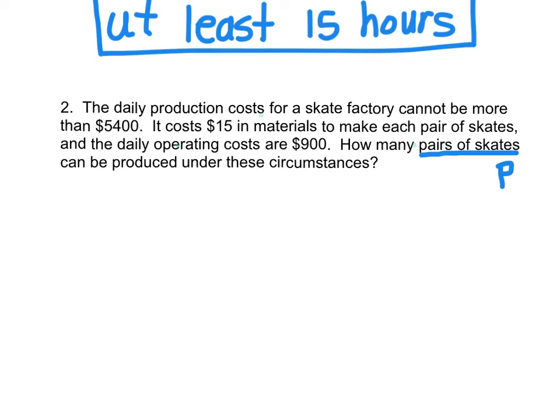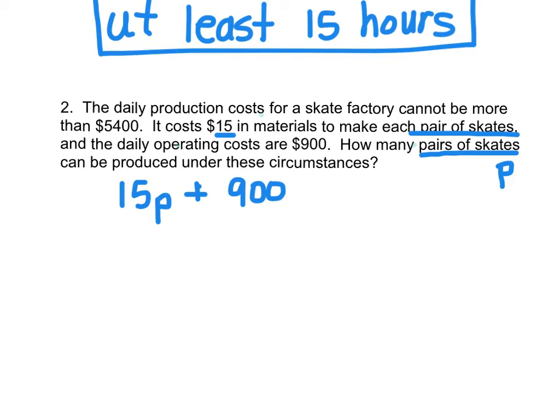Well, it costs $15 in materials to make each pair of skates. That implies multiplication, so $15 for every pair of skates. We're going to add the daily operation cost of $900. That's a one-time fee that is given daily.